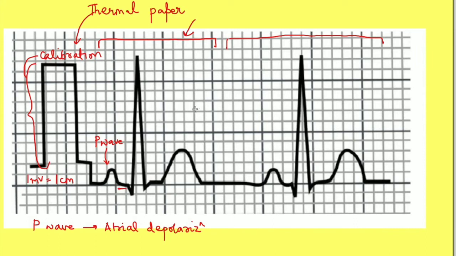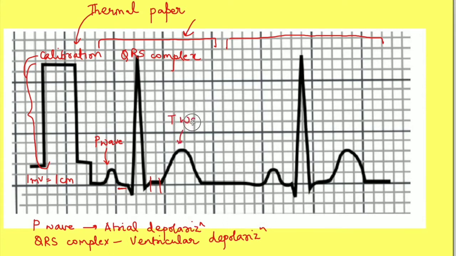Then we get another wave, or we can say a wave complex known as QRS complex. The QRS complex represents ventricular depolarization. Then there is some time in between when again no voltage is recorded. That is the time in between the ventricular depolarization and ventricular repolarization. After that we get another wave, that is the T wave, which is occurring due to ventricular repolarization.